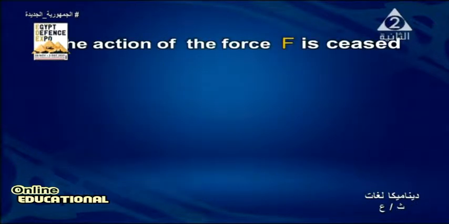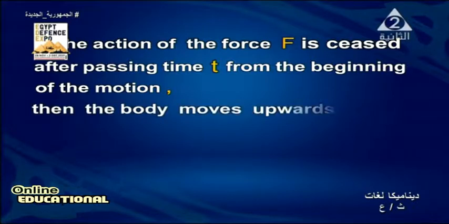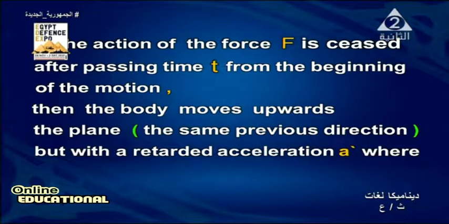If the action of the force F ceases after time t from the beginning of the motion, then the body moves upward the plane in the same previous direction, but with a retarded acceleration a dash, where a dash equals negative g sine theta, because F equals 0, meaning the force equals 0, and we can cancel the mass of the body from the two sides.